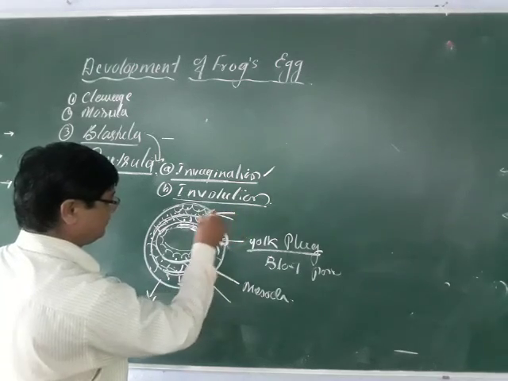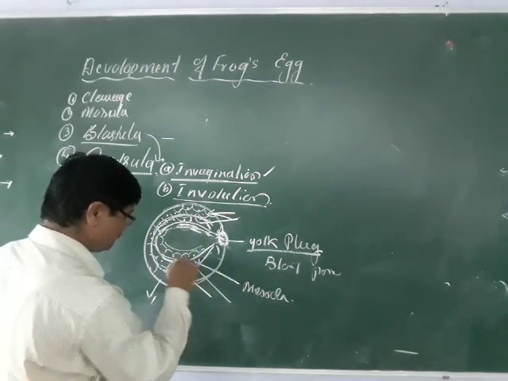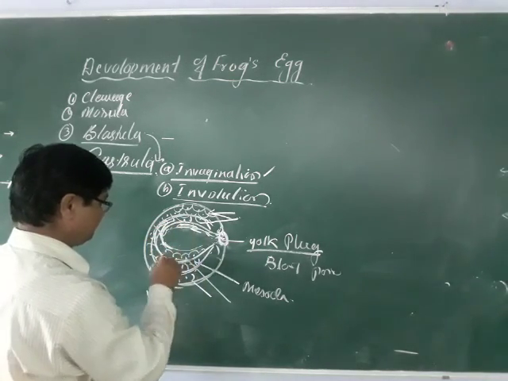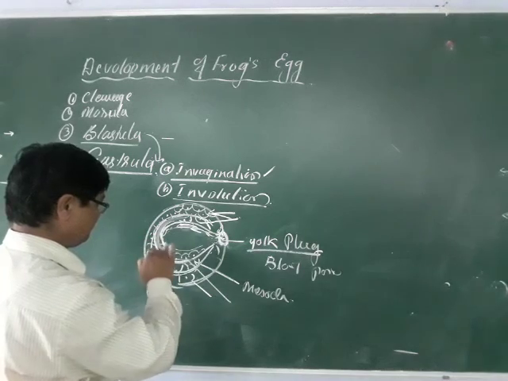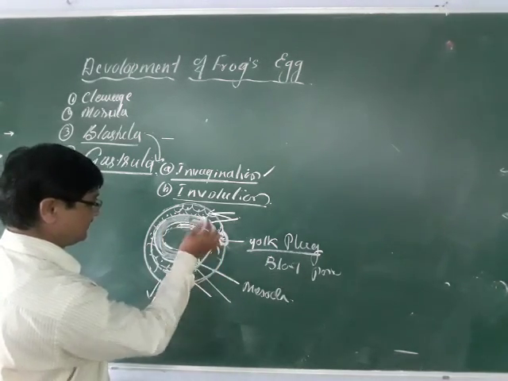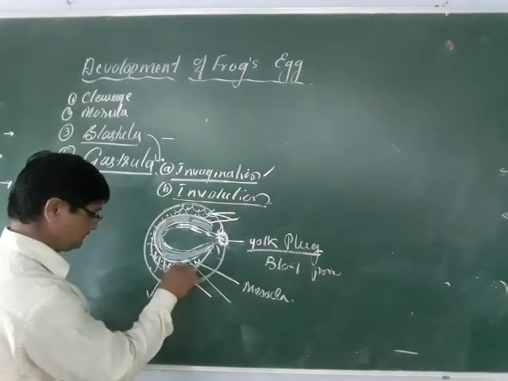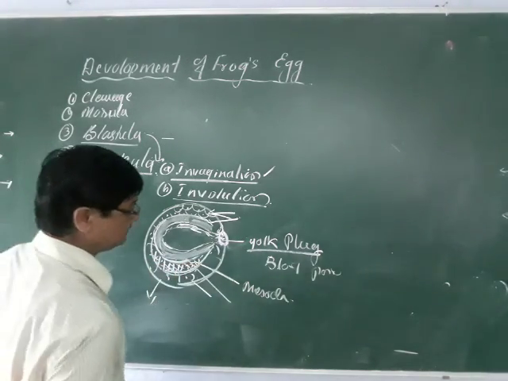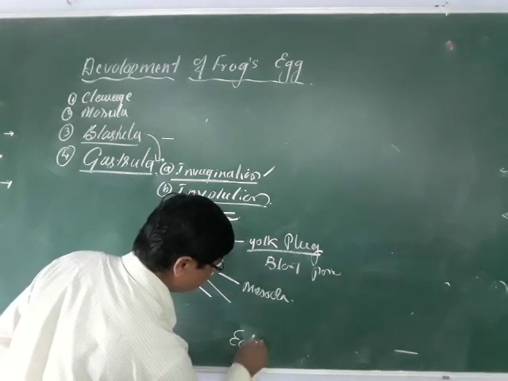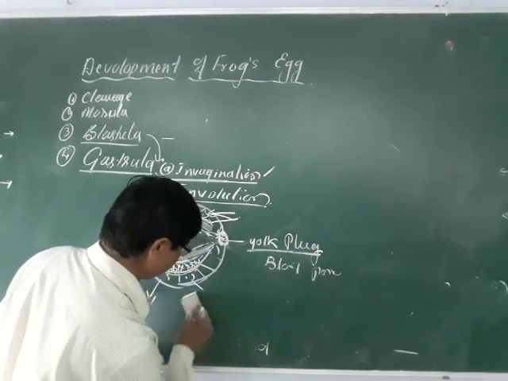This is the ectoderm, and this will develop into the endoderm, and in between these two layers there is one more you can see here. This continues like this. This is the endoderm, and here this is the mesoderm. So ultimately what happens here?